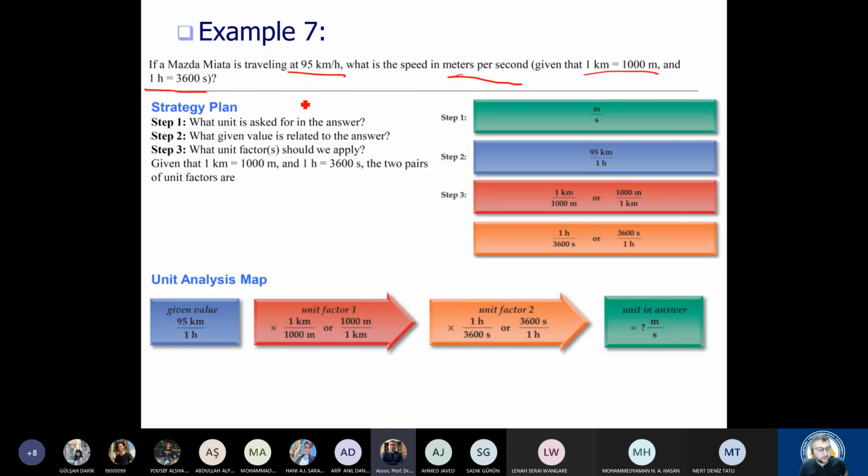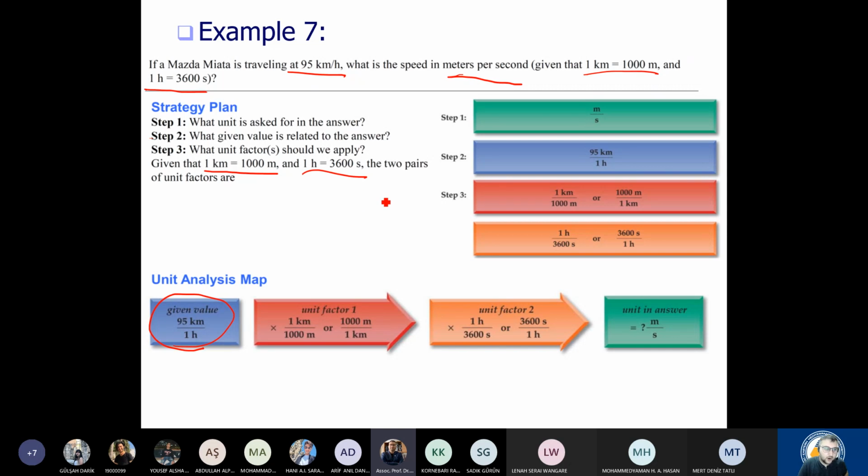When you are solving this kind of questions, first you must write what they give you. They give you 95 km per hour. This is the given value. So you know that 1 kilometer is equal to 1000 meter and 1 hour is 3600 seconds.